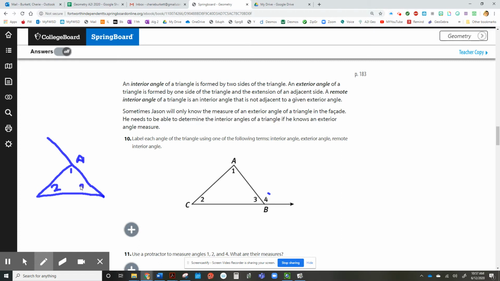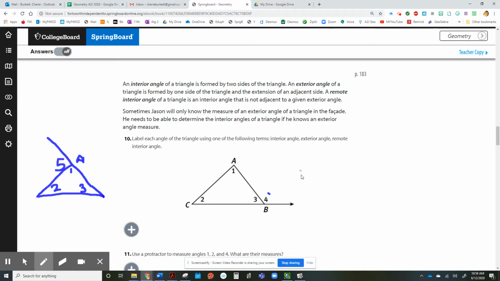Because I took side AB and extended it out beyond A, I now have another exterior angle. I don't know why I didn't like my 5. Okay, and so that's the exterior angle.